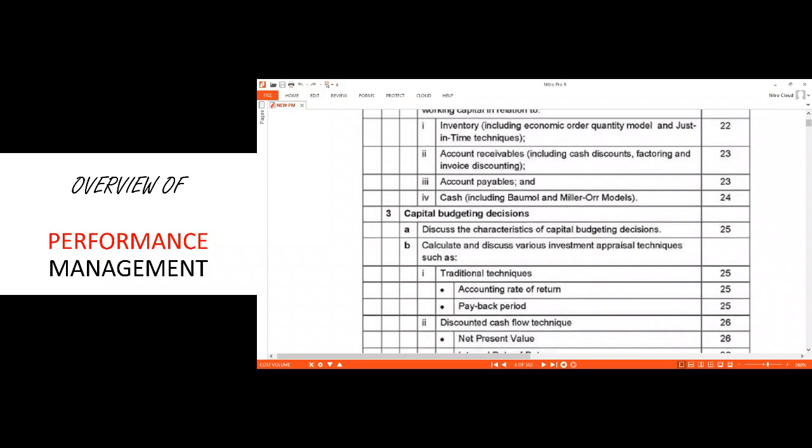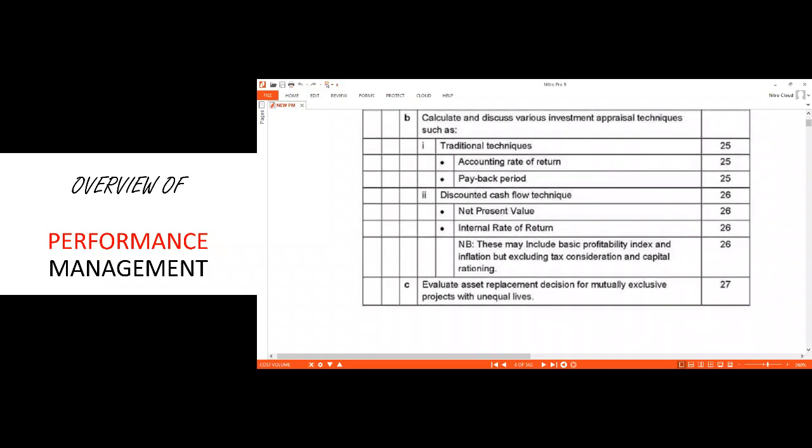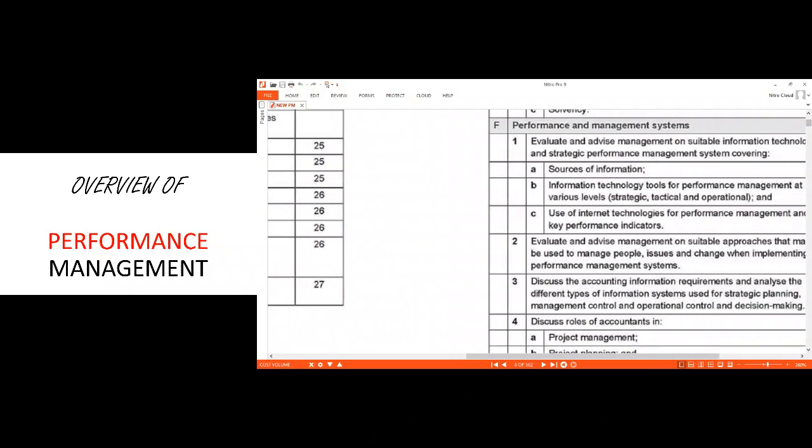Then we move on to capital budgeting decision. Capital budgeting decision, we'll be looking at the accounting rate of return, payback period, NPV, net present value, IRR, internal rate of return, and the like will be looked at. Then we are going to evaluate asset replacement decision. Then we'll move on to the E part.